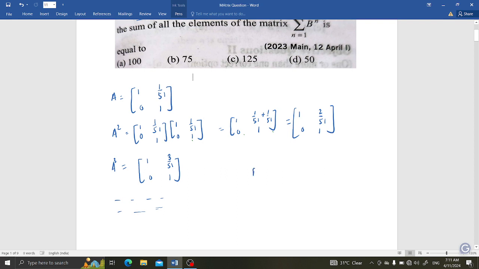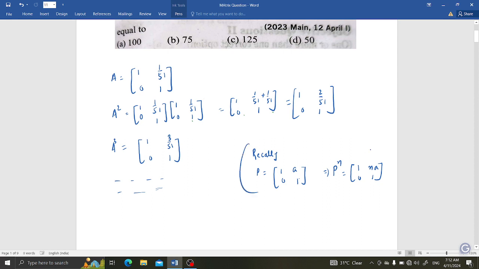Actually, recall one thing: if we have any matrix P, say 1, a, 0, 1, and we multiply it n times, then we get 1, n into a, 0, 1. This property is satisfied here. Now this is your A matrix.